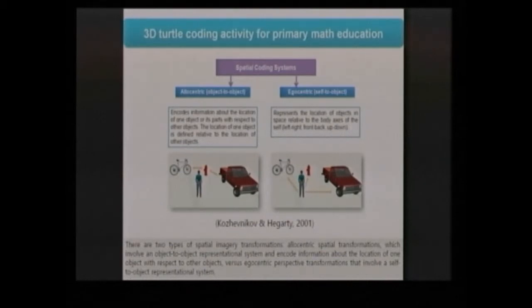This study described two types of spatial imaginary transformation: allocentric spatial transformation, which involves an object-to-object representational system and encodes information about the location of one object or its parts with respect to other objects, versus egocentric perspective transformation, which involves a self-to-object representational system.